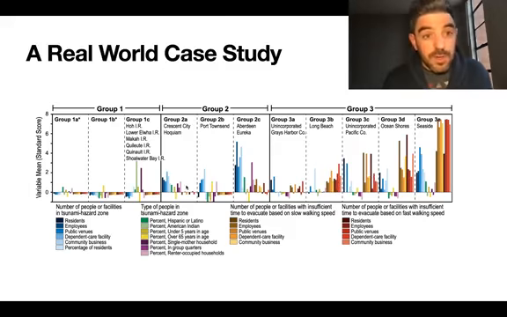In these group 2 communities, there are large numbers of people, but most of them have sufficient time to evacuate. And in these group 1 communities, there are relatively few people in the hazard zone, and the people who are there have sufficient time to evacuate.